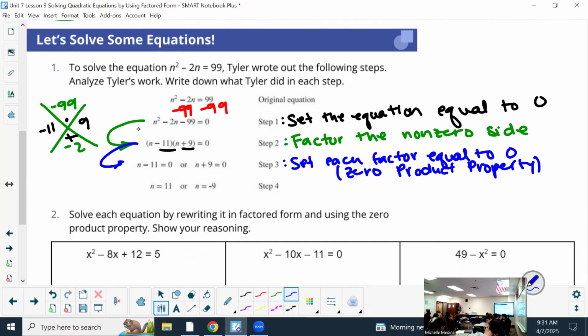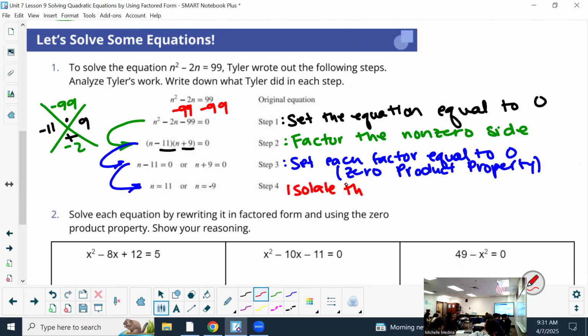Because again, it could be the first parentheses that becomes 0 or the second. We're setting each factor equal to 0. And then what does it look like we're doing in the last one? How did they go from n minus 11 equals 0 to just n equals 11? They isolated the variable.